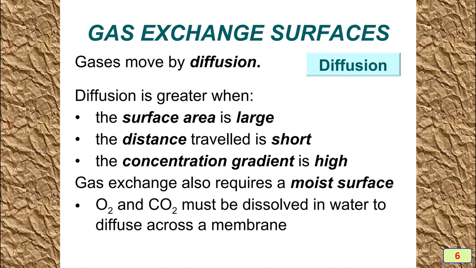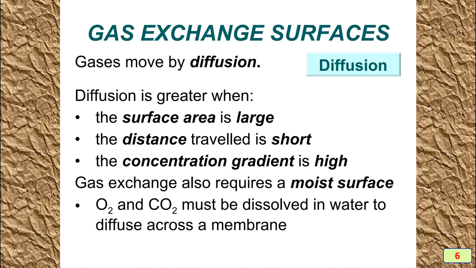Gas exchange surfaces: exchange always happens by diffusion, which is greater when the surface area is very large, the distance traveled is short, and the concentration gradient is very high.